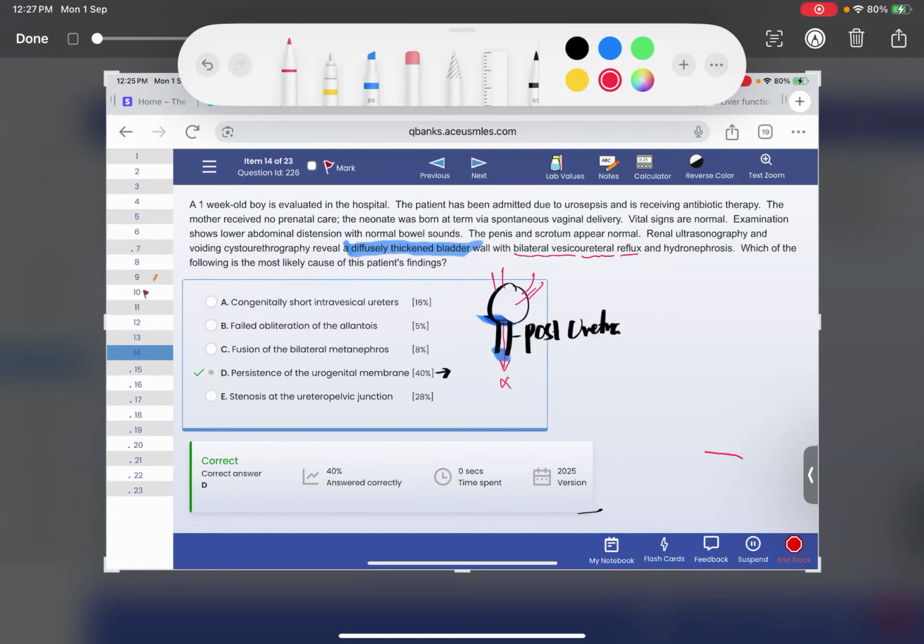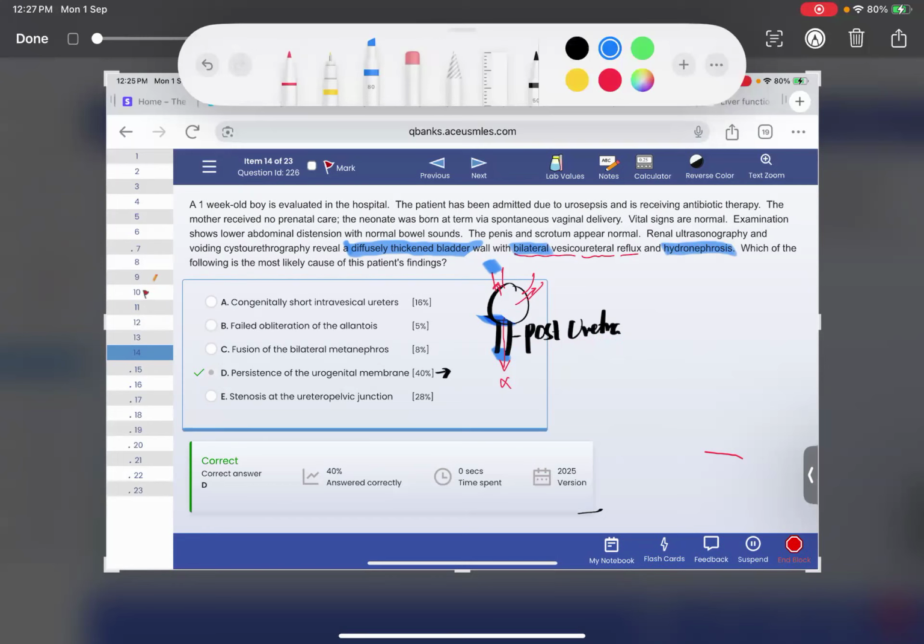It is causing the urine backflow in both ureters. If the problem was somewhere above, it would be causing unilateral reflux. Also, the hydronephrosis is bilateral.